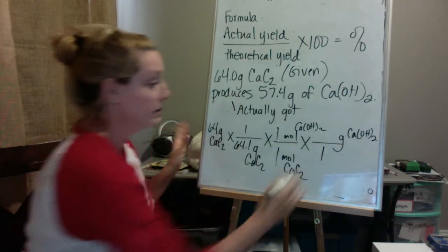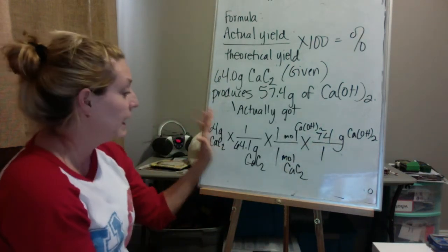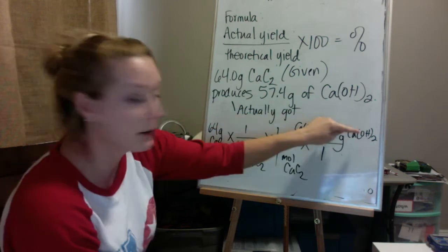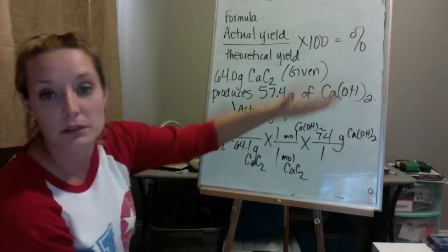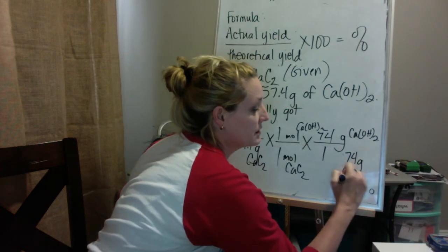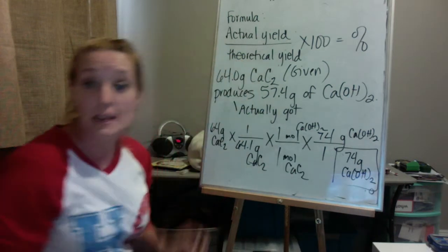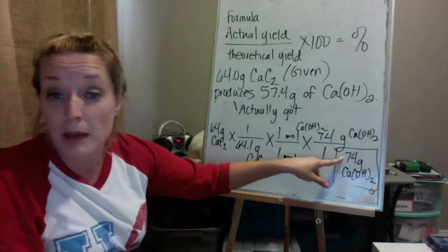I add all that up, and I get 74 grams. So now when I work this out, multiply across the top, multiply across the bottom, divide, my answer is 74 grams of Ca(OH)2. What is that telling me? This is telling me my theoretical yield.